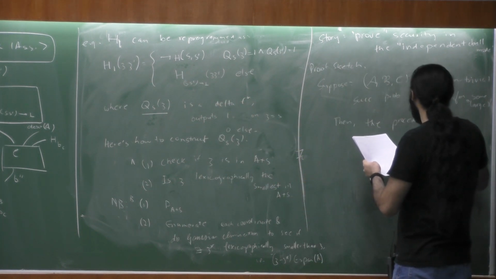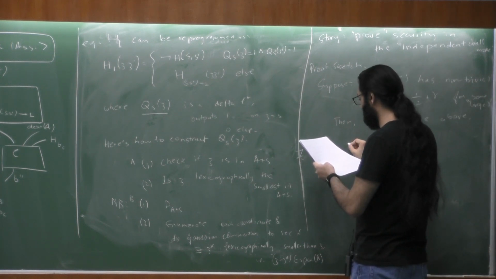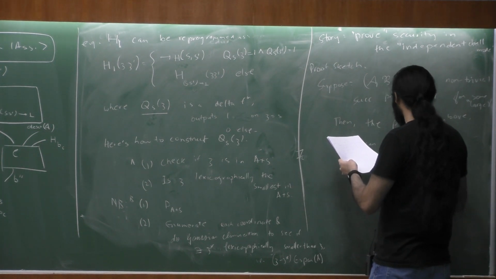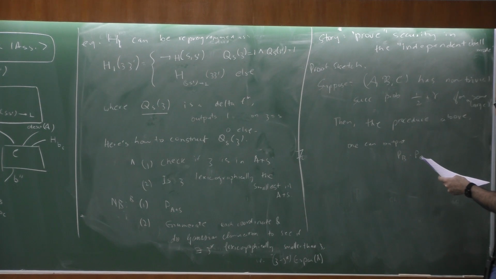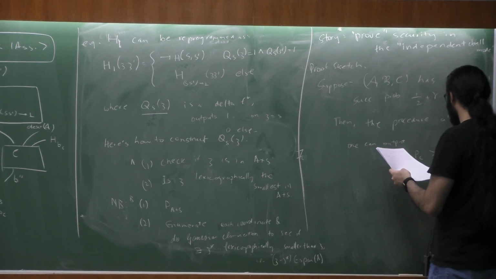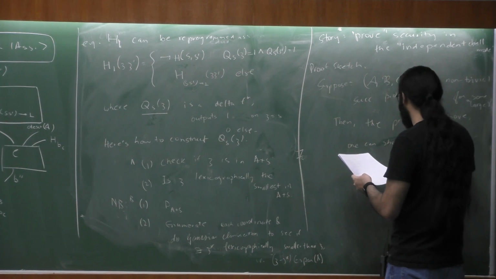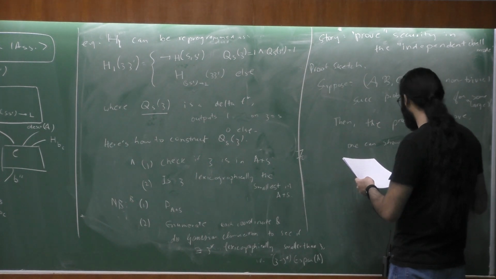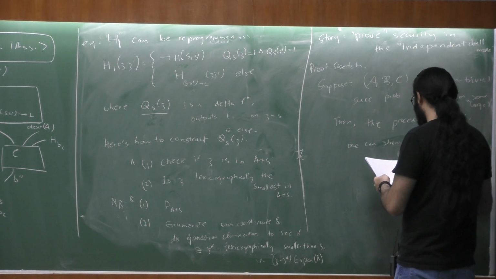So using the procedure above, one can output PB, one can show that PB times PC is greater than half plus gamma by 2 with non-negligible probability.